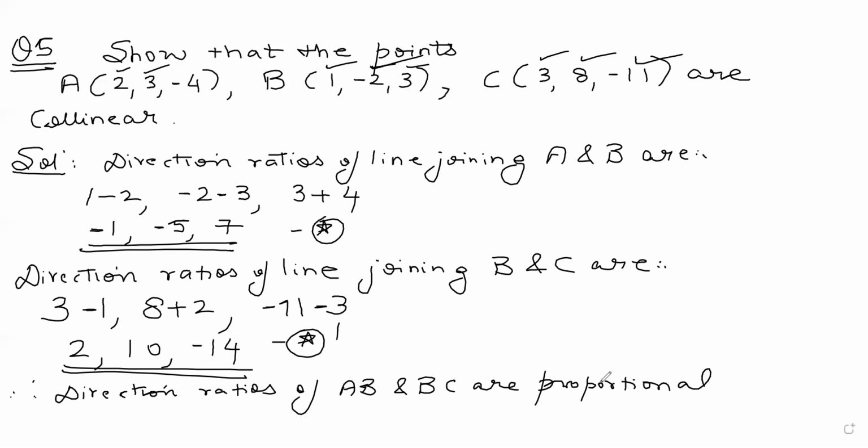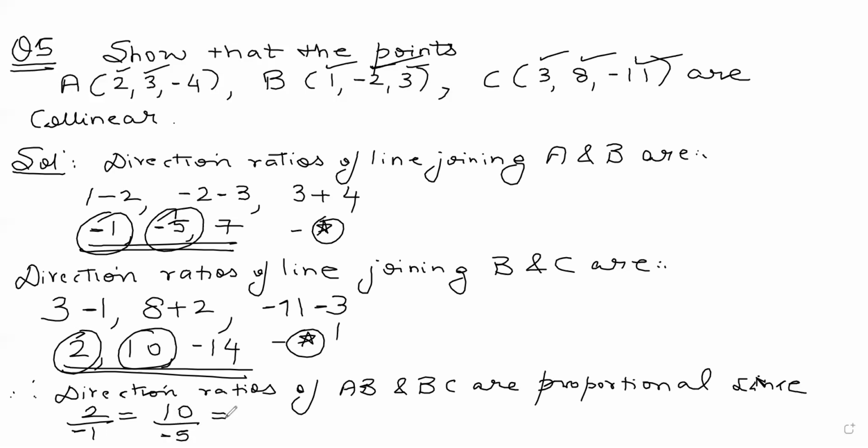You can check it, guys: 2 upon minus 1 is exactly equal to 10 upon minus 5, which is exactly equal to minus 14 upon 7. So the direction ratios of AB and BC are proportional. And since they are proportional, therefore AB is parallel to BC.